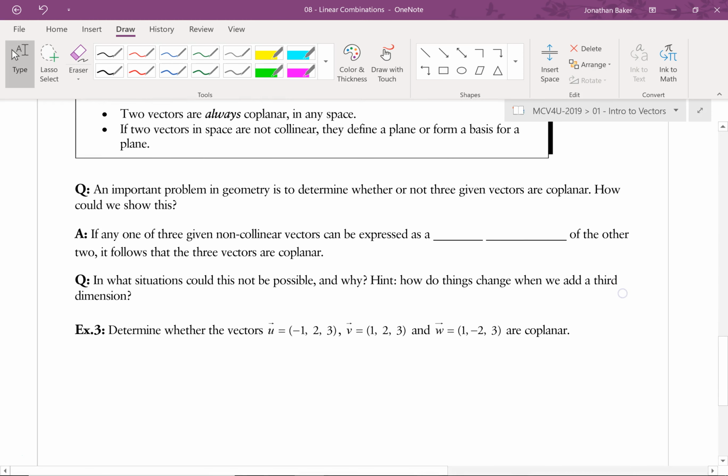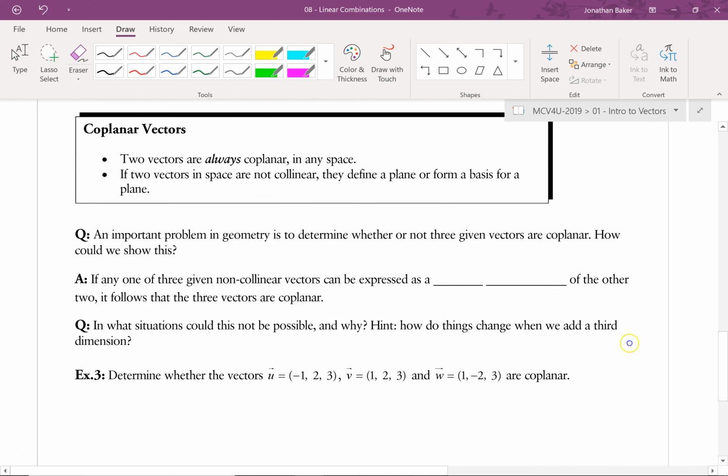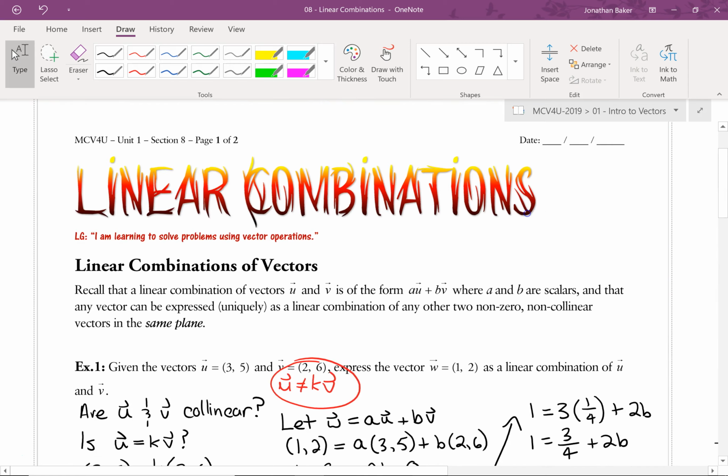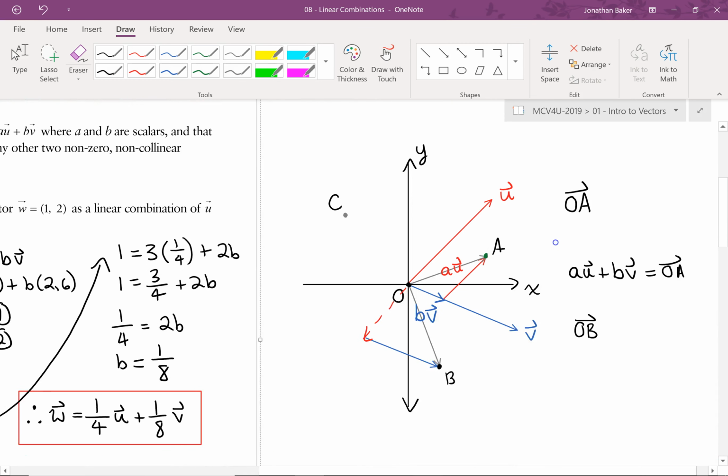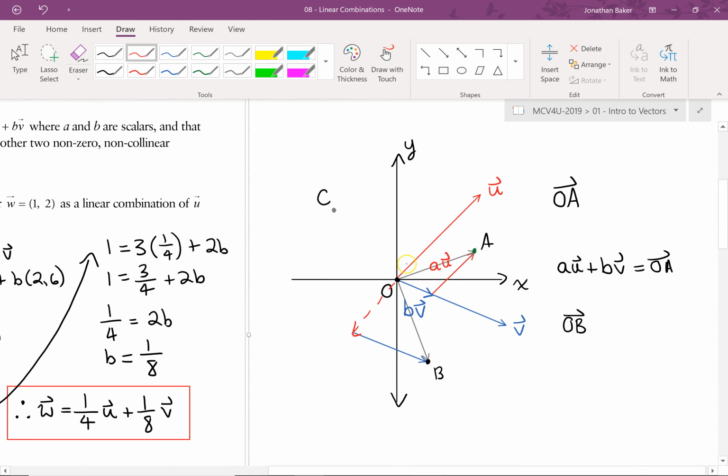Okay, so really, this brings us back to the skill we learned. If we have 3 vectors, let's say OA and U and V, that are all in the same plane, then you can write one of those vectors as a linear combination of the other 2. And this would be true no matter how we shifted this paper.